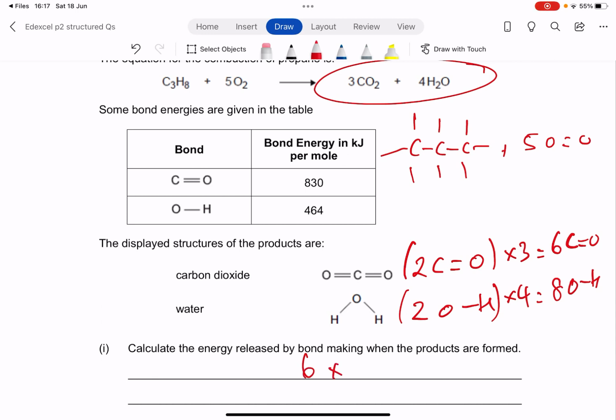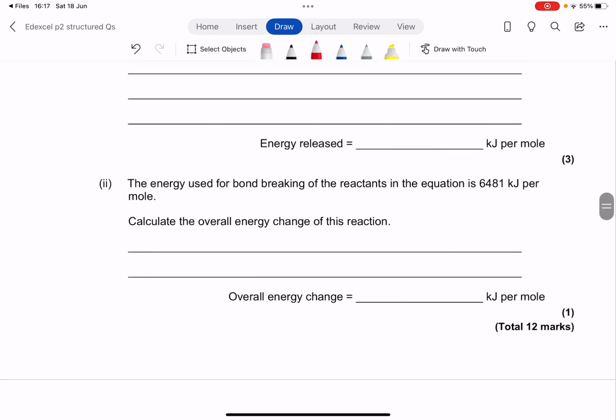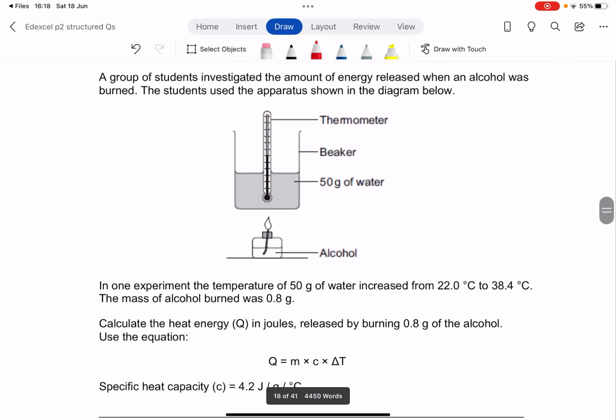So 6 times 830, add 8 times 464, and you can do your calculation yourself. Then it's saying the energy used for bond breaking was that, so the overall energy change will be 6481. The value you should get for the top part was 8530, and then you work out the overall energy change.